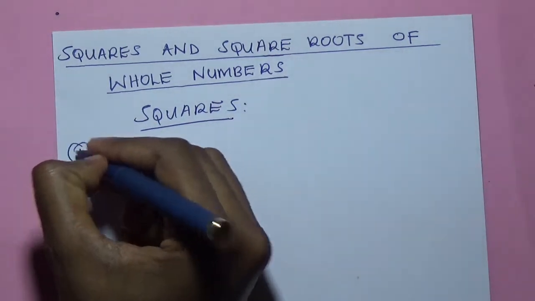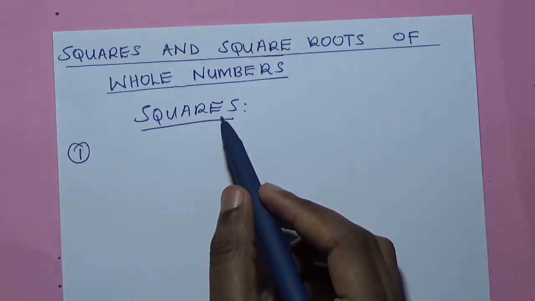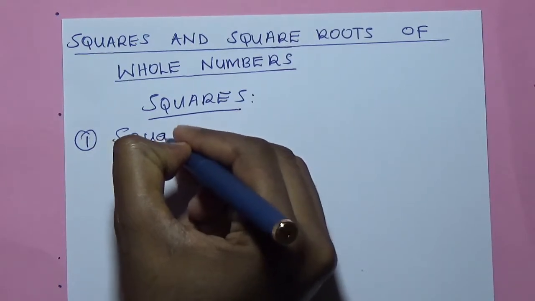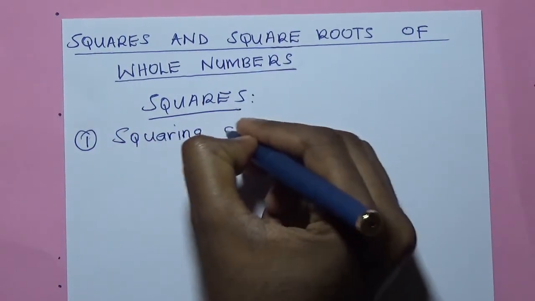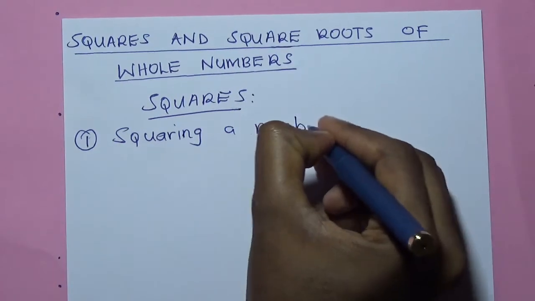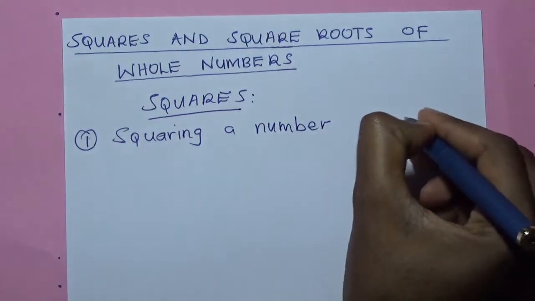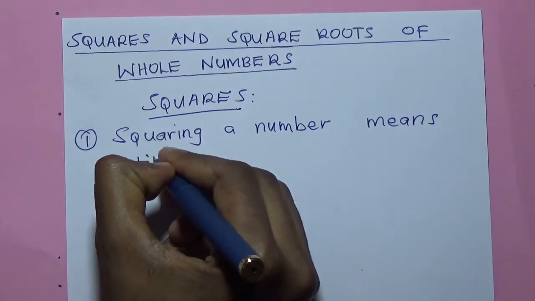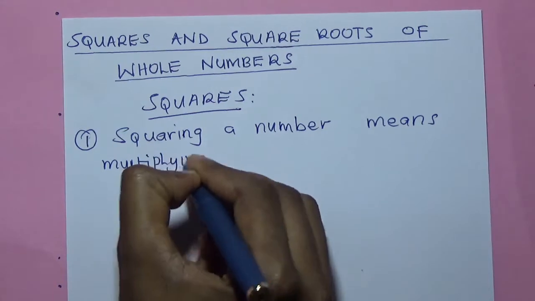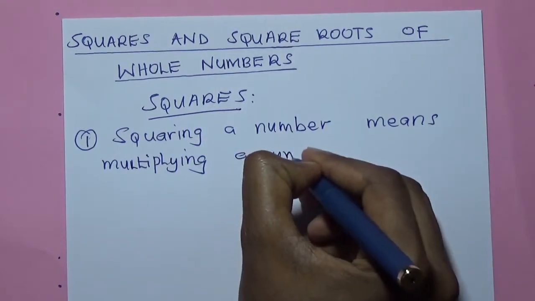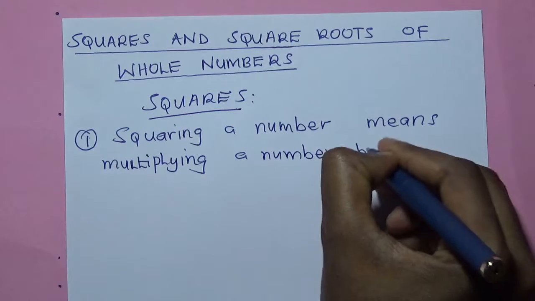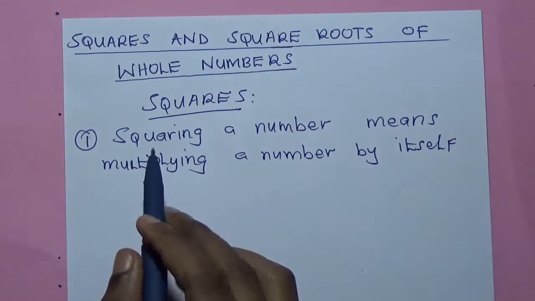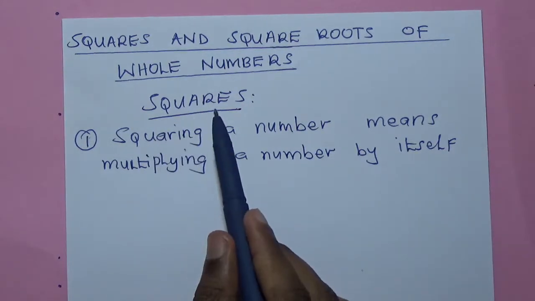Point number 1, you need to know what squaring a number means. Squaring a number means multiplying a number by itself. Now, this is the definition of finding a square of a number.